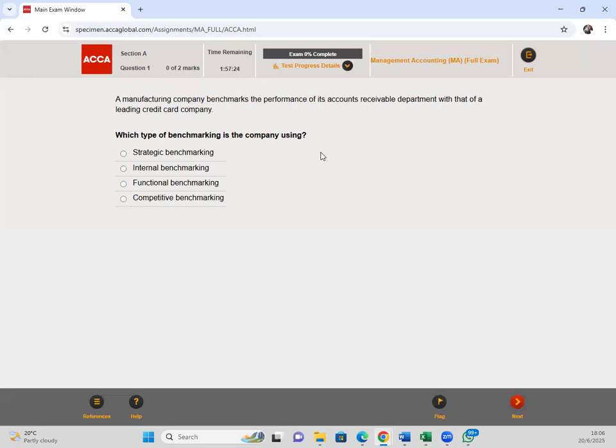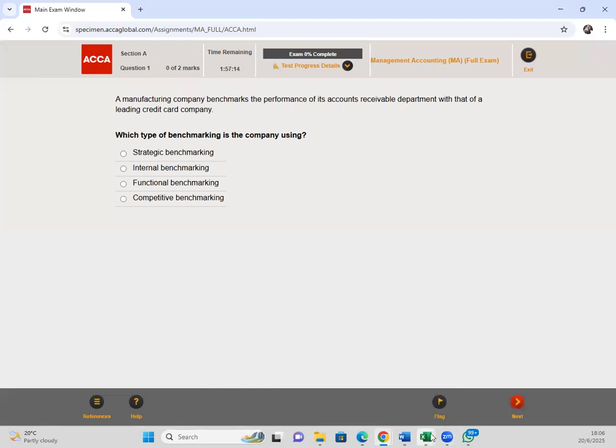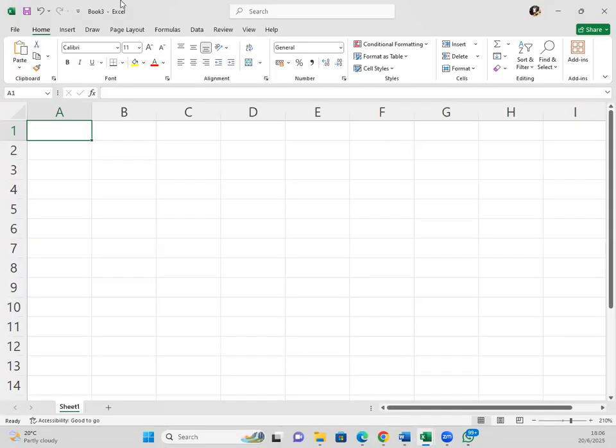Let's proceed. So which type of benchmarking is the company using? So let's start by understanding what is meant by benchmarking.